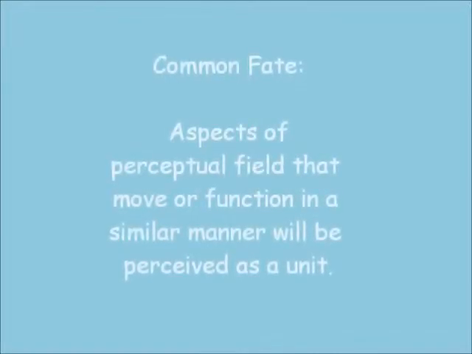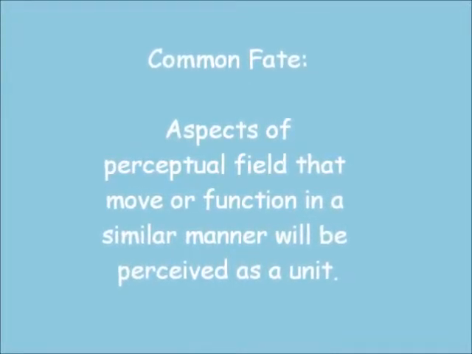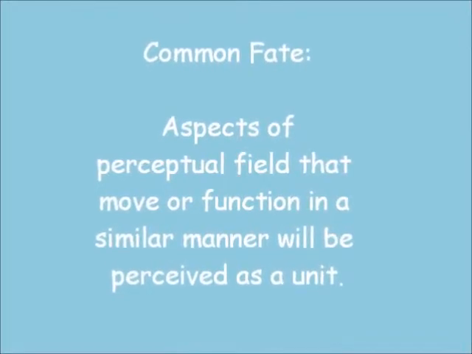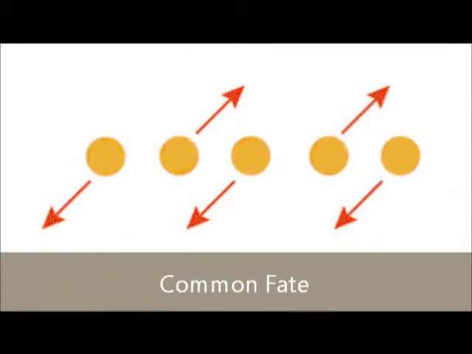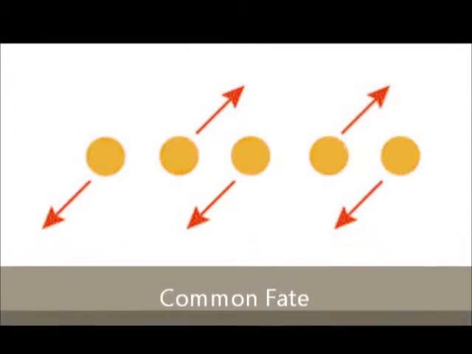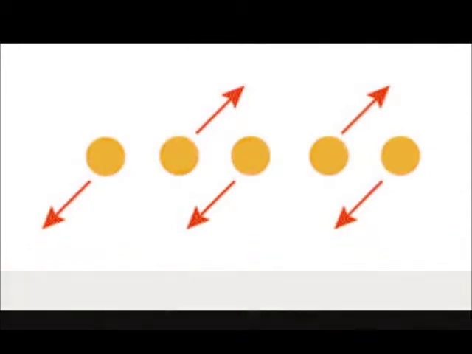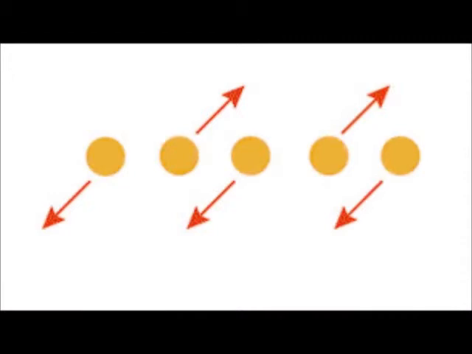Common fate. Aspects of the perceptual field that move or function in a similar manner will be perceived as a unit. So these yellow dots, some move down across and some move up across, but since they move in a similar pattern, we perceive it as one unit, like we perceive it as the same thing.